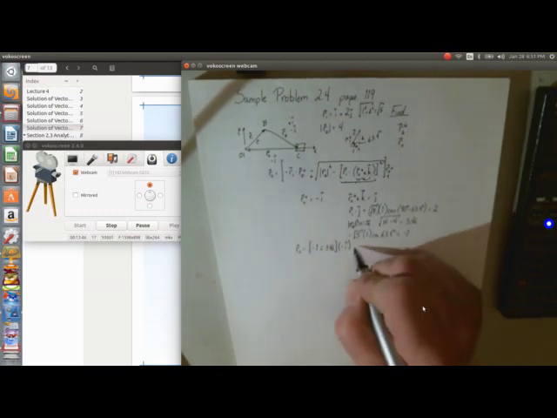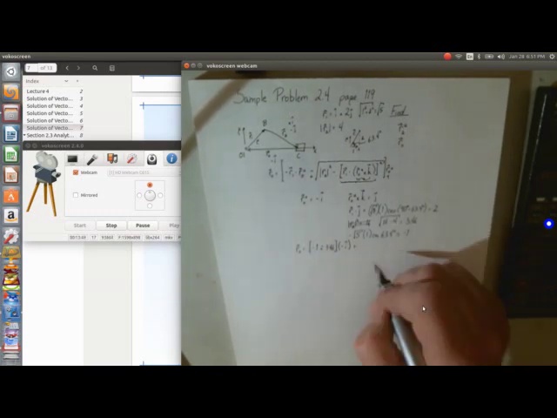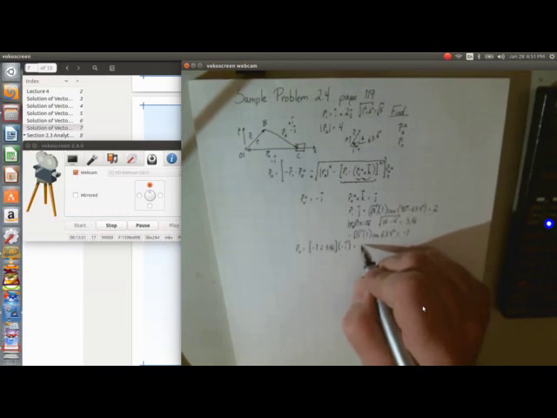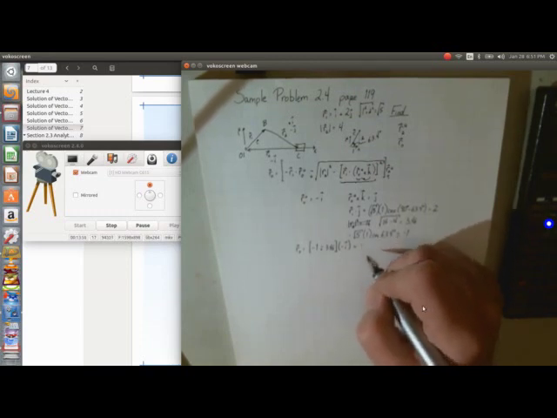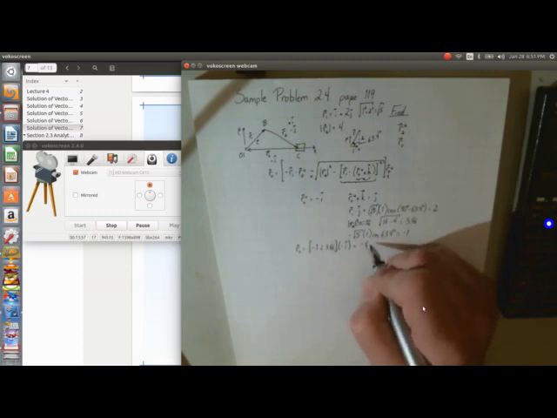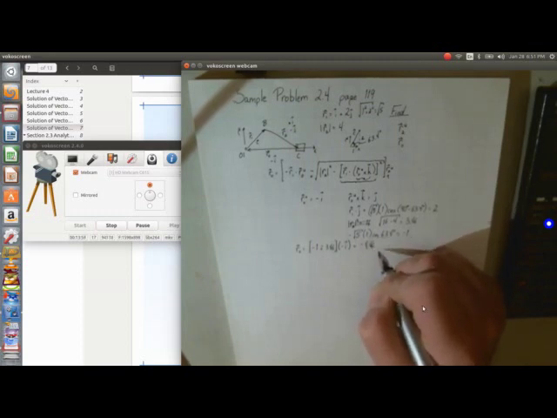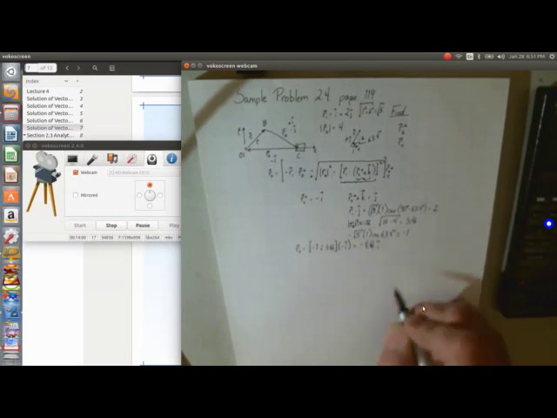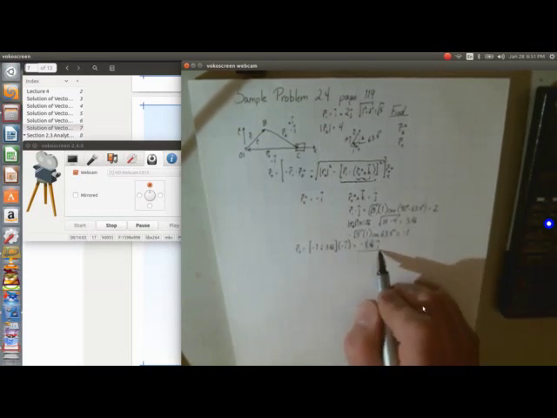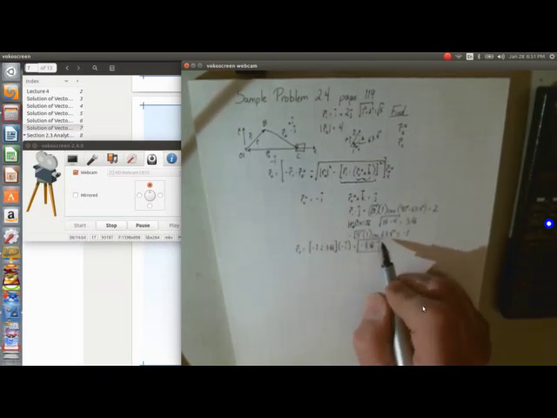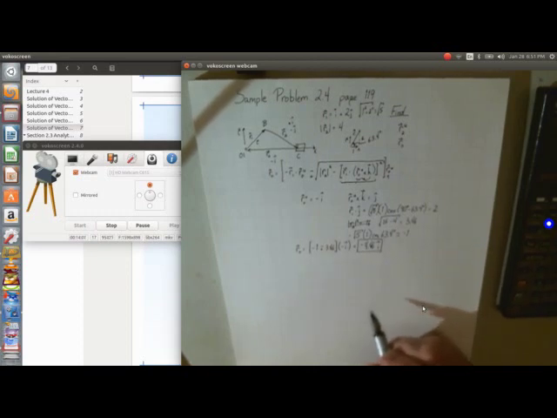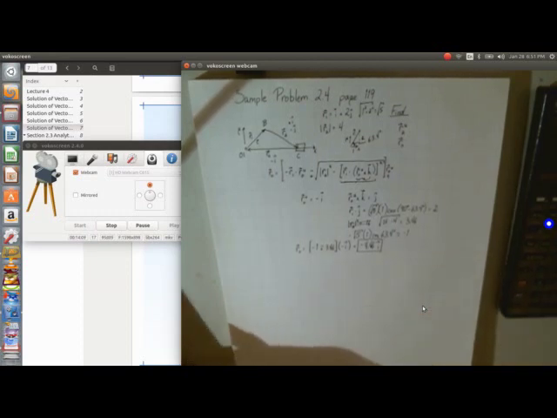That says we should be, let's see, negative 4.46 I. So there's R sub 0. So far, so good.